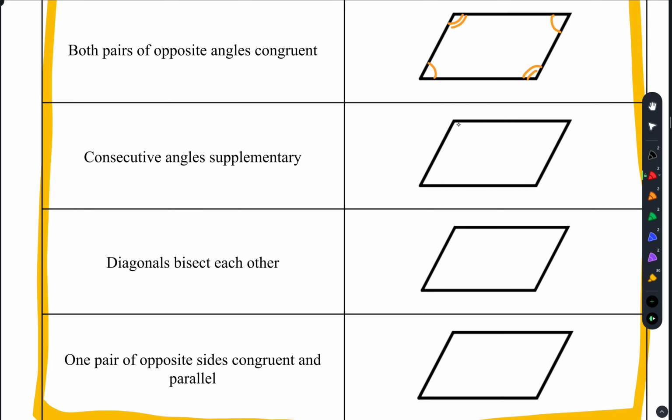So these two angles have to be supplementary, which means they add up to 180 degrees. I could say the same thing about these two angles right here. I could even go the other way and I could say these two angles or these two angles have to equal 180. As long as they are two angles that are right next to each other, aka consecutive, they add to 180.